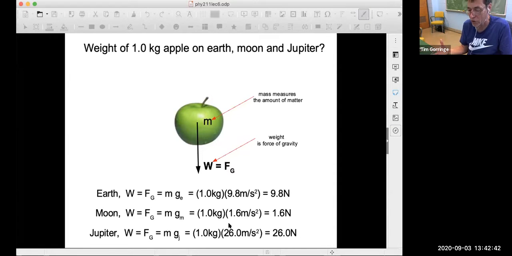That's the resulting weight of the apple on Jupiter. So the apple weighs very different things on Jupiter, Earth, the moon, and the sun. Its mass, however, on all those bodies is always the same.